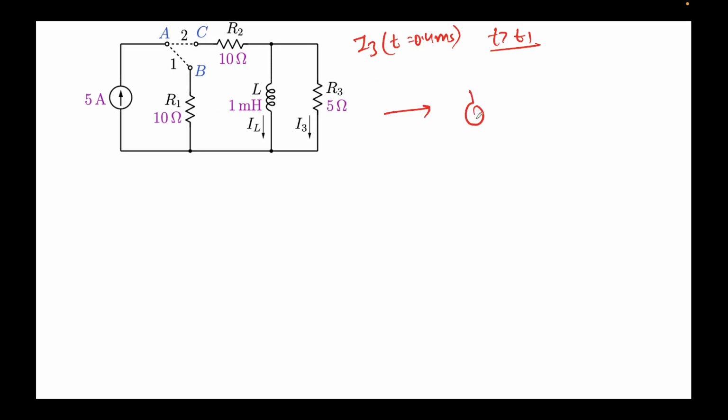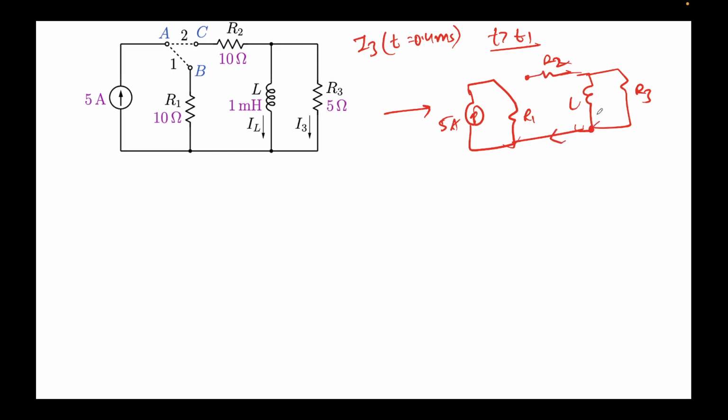So I'll draw it: 5 amps, R1, L, R2, R3. Again, no current can flow through this because this is an open circuit, and this left half of the circuit is irrelevant because no current can come out of it.